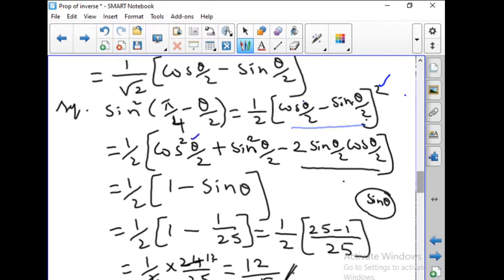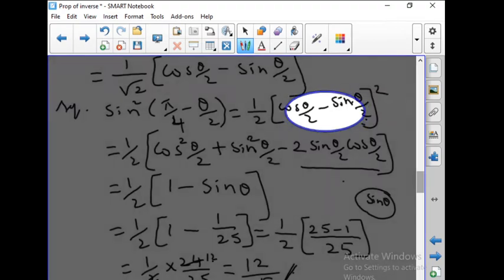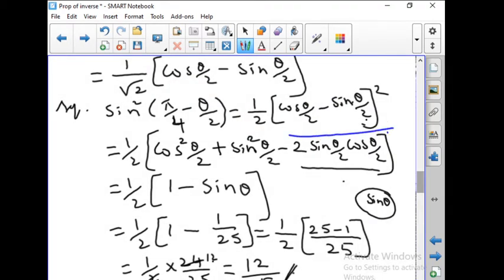So we get cos square theta by 2 plus sin square theta by 2 minus 2 sin theta by 2 cos theta by 2. Now we know that sin 2 theta is 2 sin theta cos theta, and this is a submultiple angle, that is, sin theta is equal to 2 sin theta by 2 cos theta by 2.